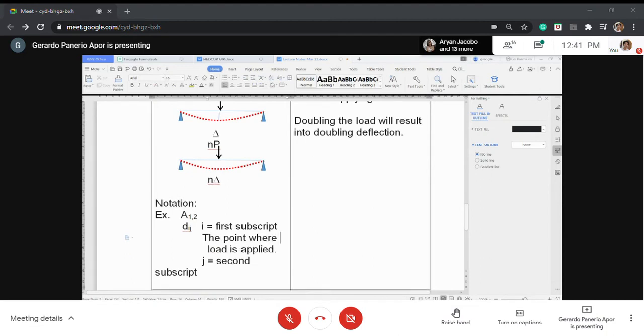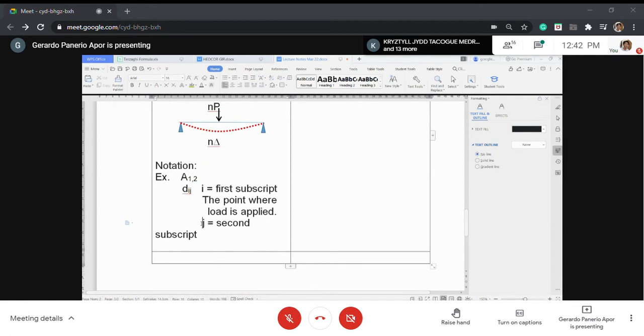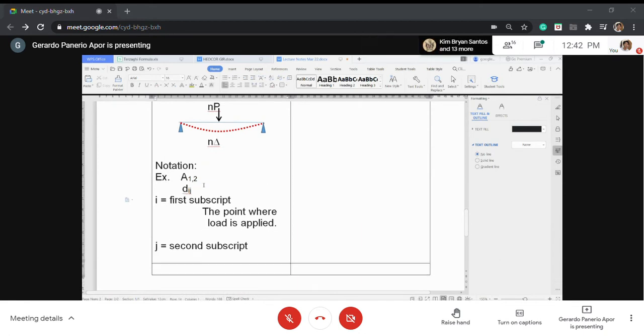How about the second subscript? The second subscript J refers to the second subscript. Okay.